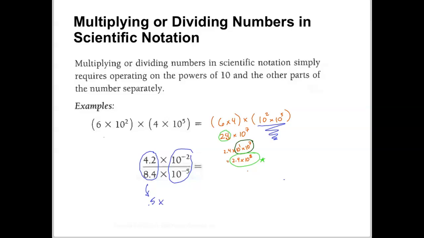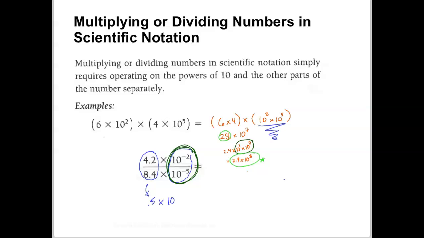All right, so you knew what to do with the product of powers. What do you do with a quotient of powers? What do you do with the exponents to simplify? Subtract them. Which order? Top minus bottom or bottom minus top? Top minus bottom.